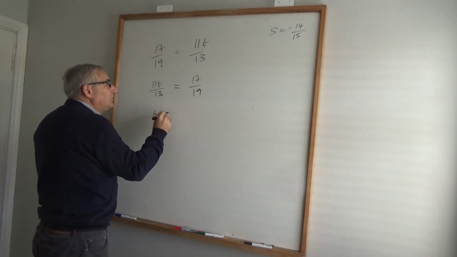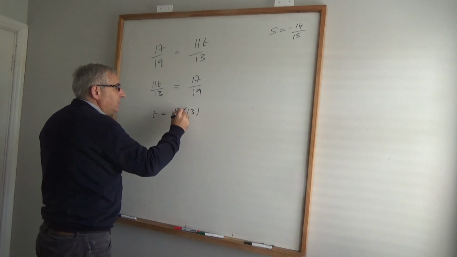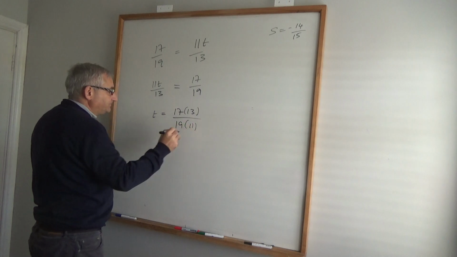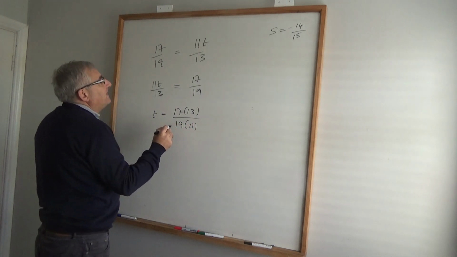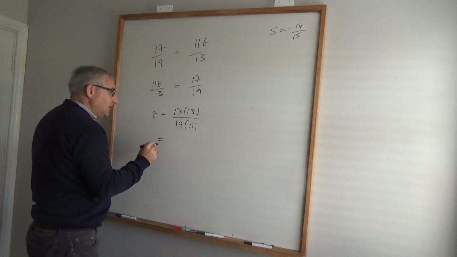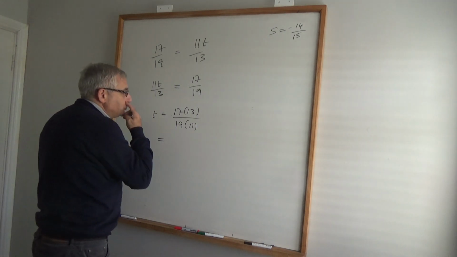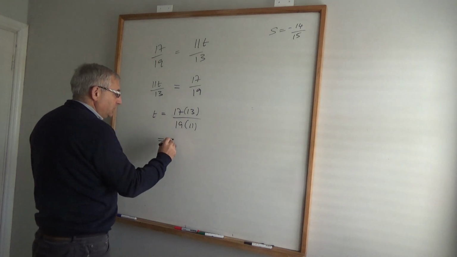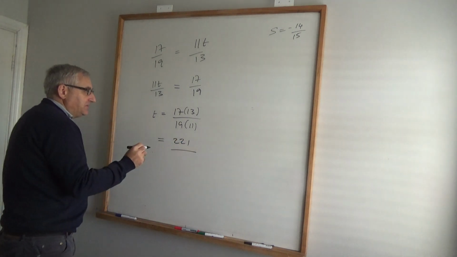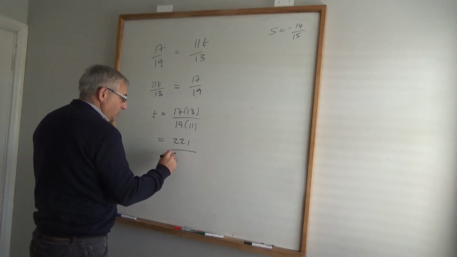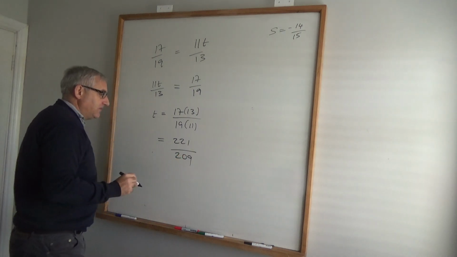So t is equal to 17 by 13 over 19 by 11. Okay, and you probably want to take a calculator out for this. 170 and 51, 221, and 190 and 19, 209, if I got that right.